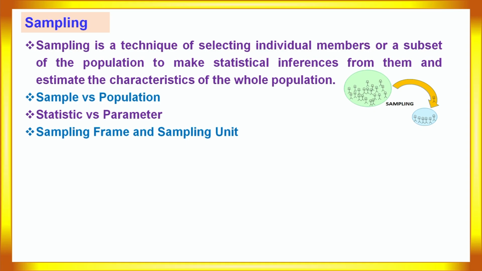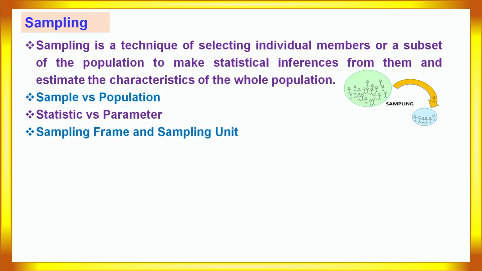Going back to the previous example of the satisfaction of university teachers towards the present syllabus, the universities selected for data collection or interviewing the teachers constitute the sampling frame. Sampling unit means the individual unit of the sampling frame or the population which is actually studied. Here, the selected university teachers constitute the sampling unit.